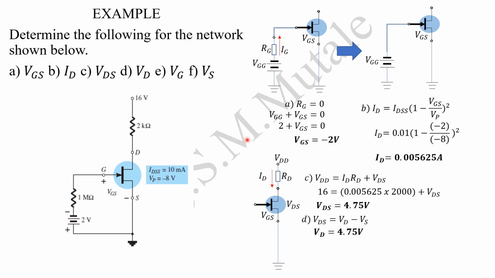Then we come to VG. VG can come from VGS. We know VGS is the difference between VG and VS. VS is 0, therefore VG is the same as VGS. And then the last one, VS, the voltage at the source. Since it's grounded, the voltage at the source is 0.